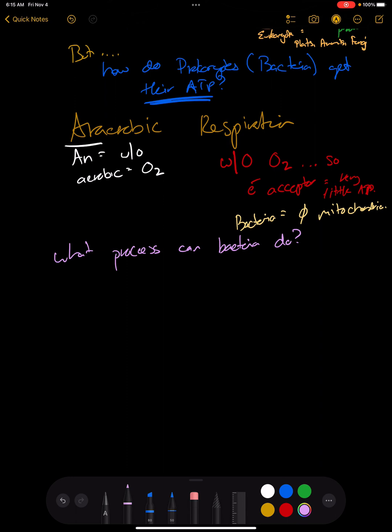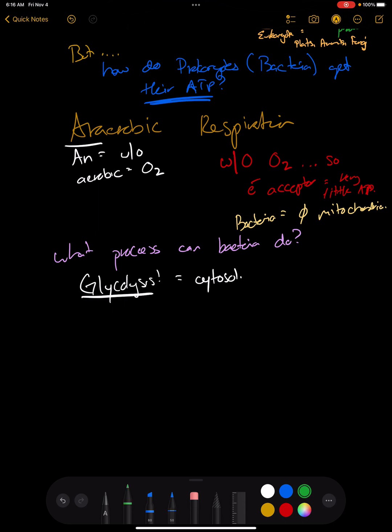They can do glycolysis, because remember, glycolysis only happens in the cytosol. And you guys told me last time that cytosol is something that every living organism has, which means I can still do this process.